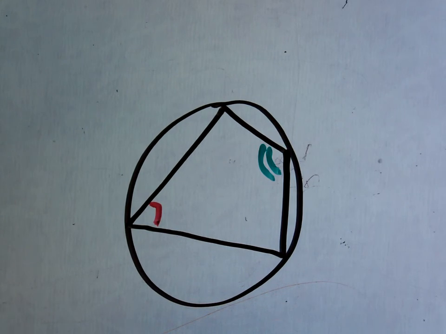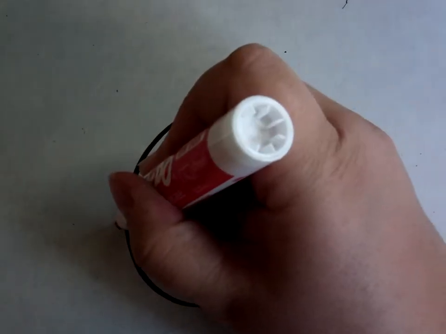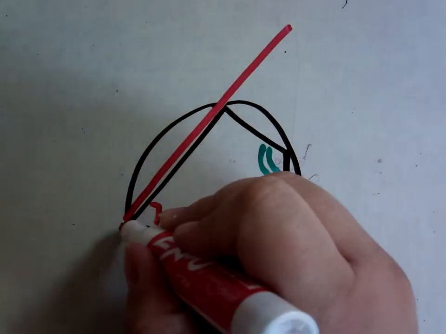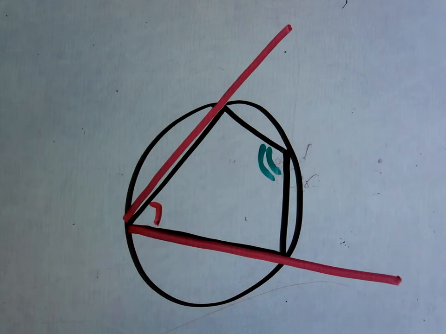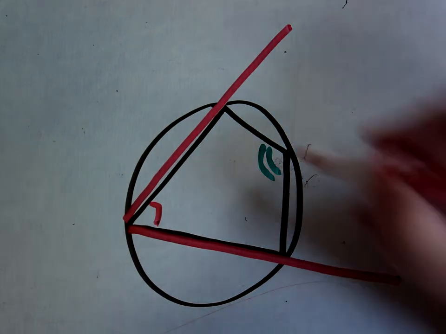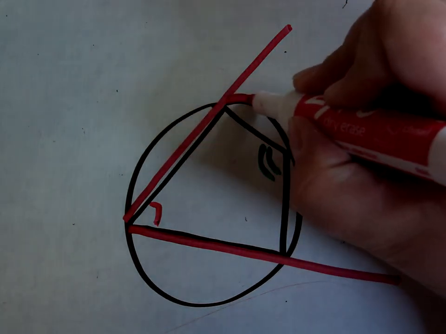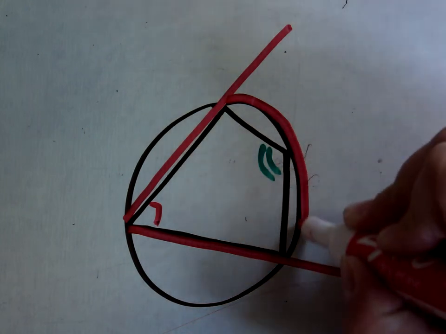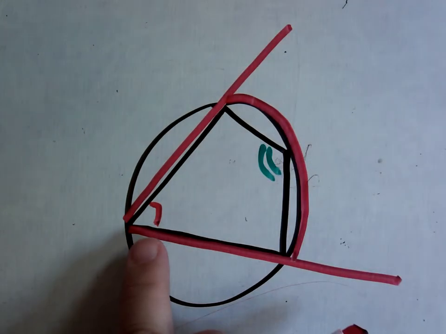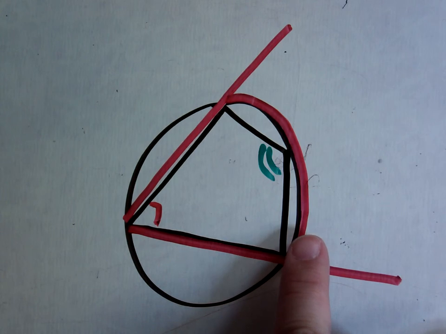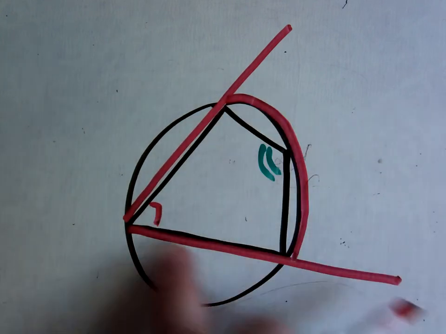Here's why. The angle I marked in red looks like this. So the part of the circle that is intercepted by that angle is this part right here. So this angle is half of that part of the circle. However many degrees this part of the circle is, the angle would be half of it.